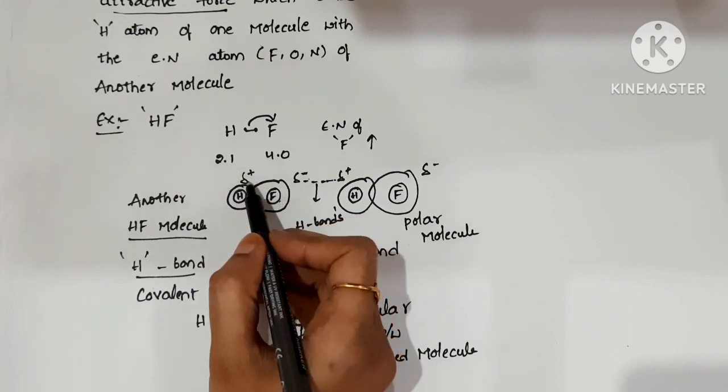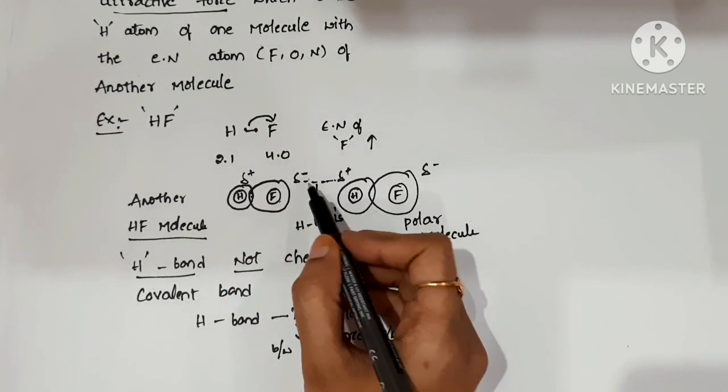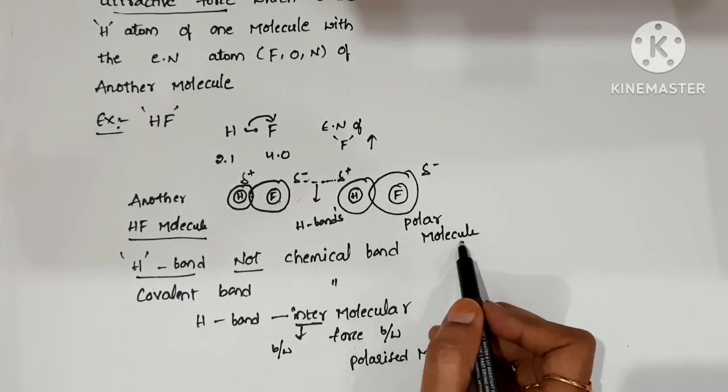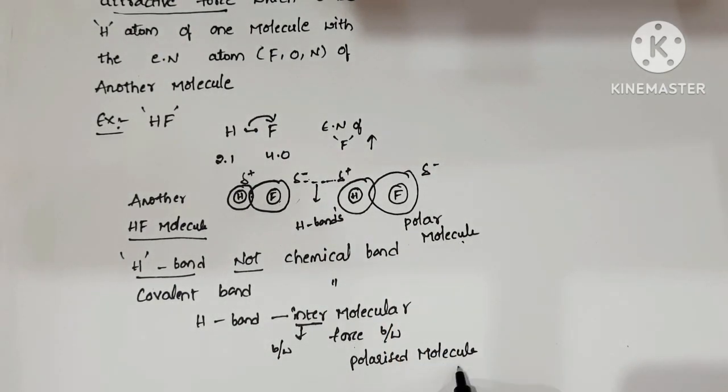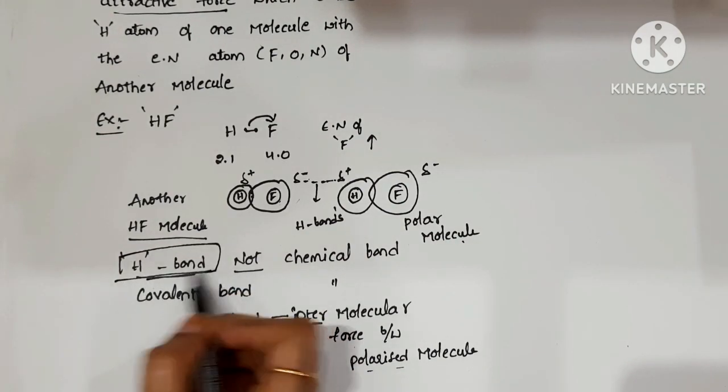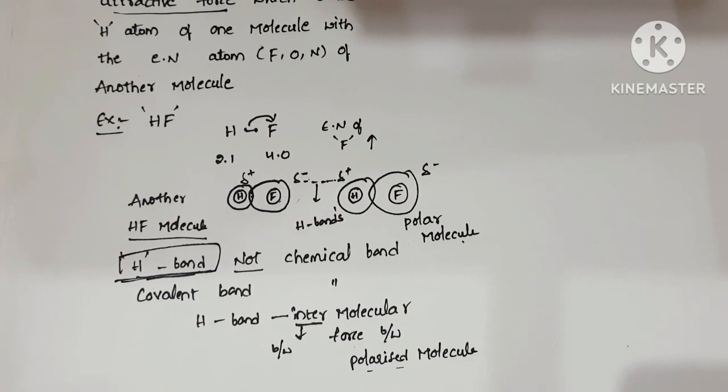That's why the positive pole and the negative pole are formed. So hydrogen bond is an attractive force between polarized molecules. In polarized molecules we can see hydrogen bonding.